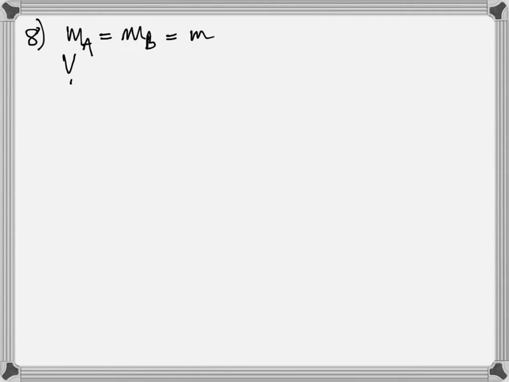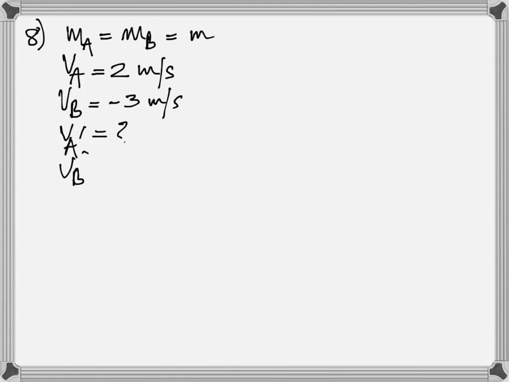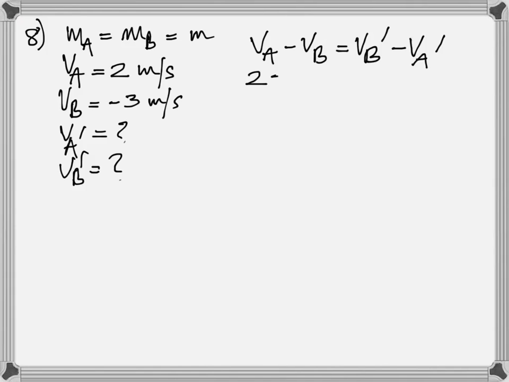The two balls have the same mass, and their velocities are 2 meters per second and 3 meters per second, and that's in the opposite direction, so it's -3. You have to find VA prime and VB prime. And because it's a perfectly elastic collision, we can use this equation.